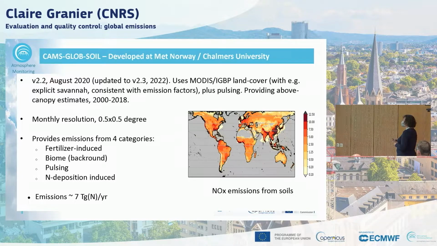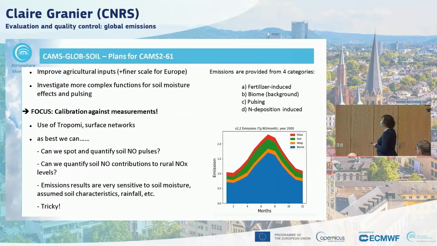It uses MODIS and IGBP land cover, plus pulsing, because NOx emissions from soils are mostly related to pulses, depending on rain and so on. It's a monthly resolution data set at 0.5 degree, and the emissions are provided for four different categories. And you can see a plot here, and the plans for next year.